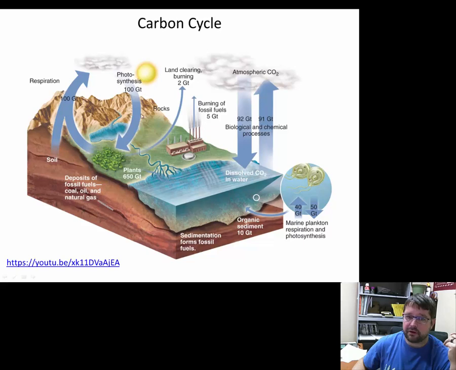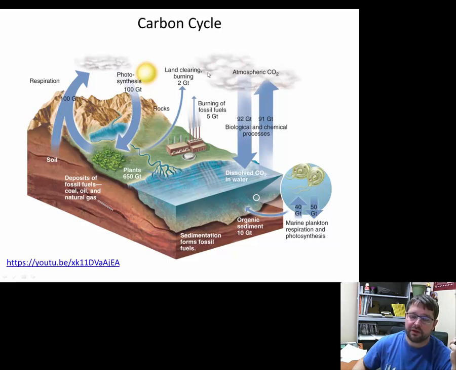The plants pick up about 100 gigatons of carbon, and even respiration from soils and plants is going to add 100 gigatons, so this portion of the cycle is already at maximum.